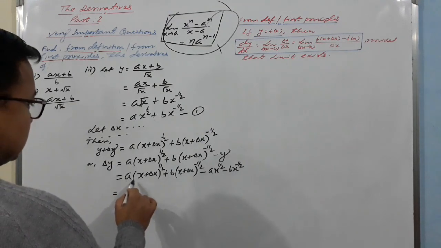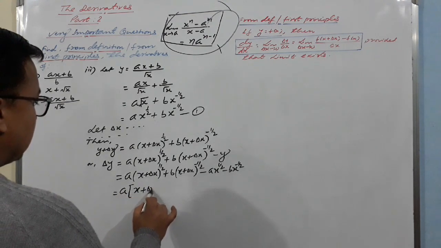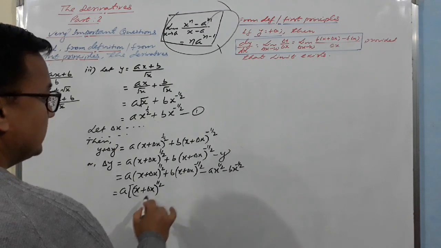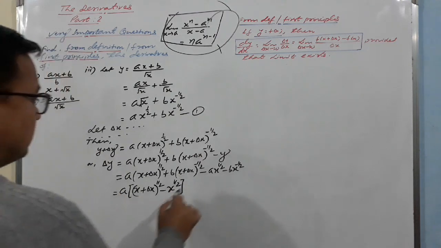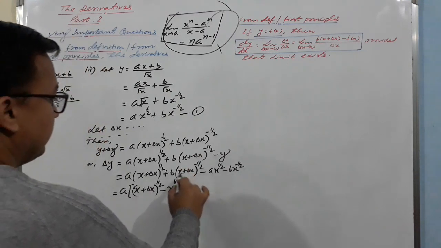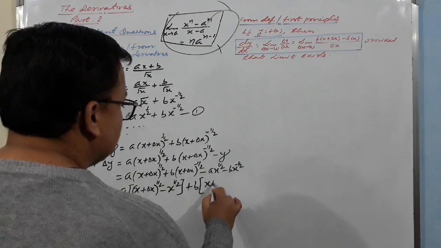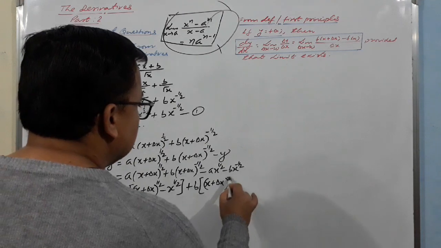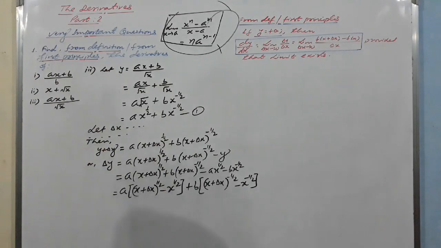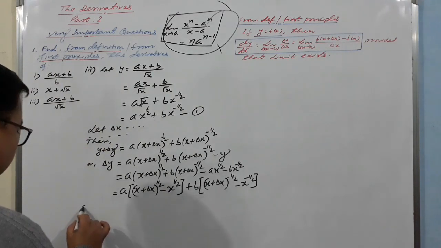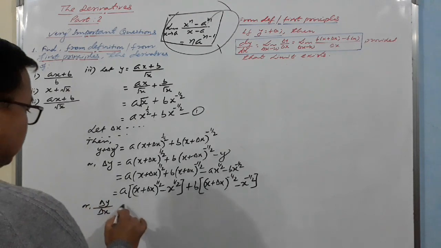Now a common we can take; inside the square bracket we will have (x plus delta x) raised to 1 by 2 minus x raised to power 1 by 2, plus b common, inside the square bracket we will have (x plus delta x) raised to power minus 1 by 2 minus x raised to power minus 1 by 2. So easy, not so difficult. Now delta y over delta x, now we will divide both sides by delta x.